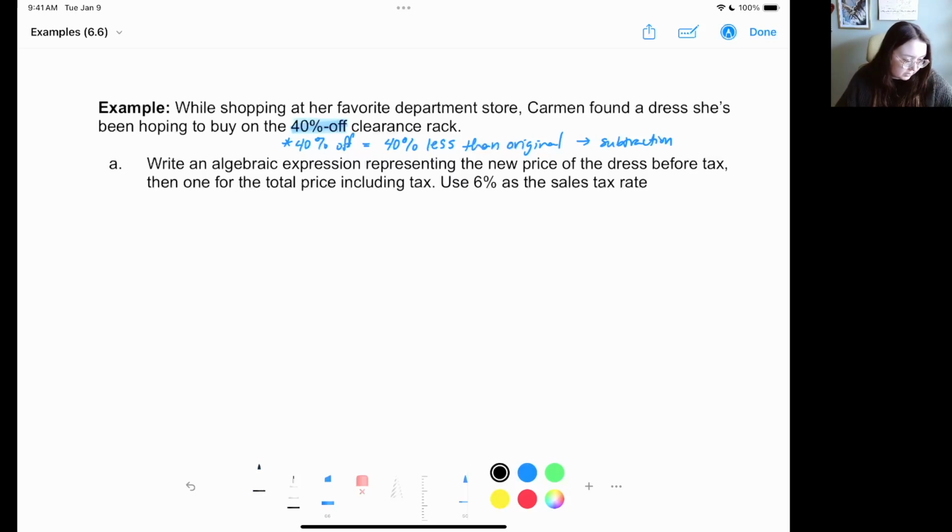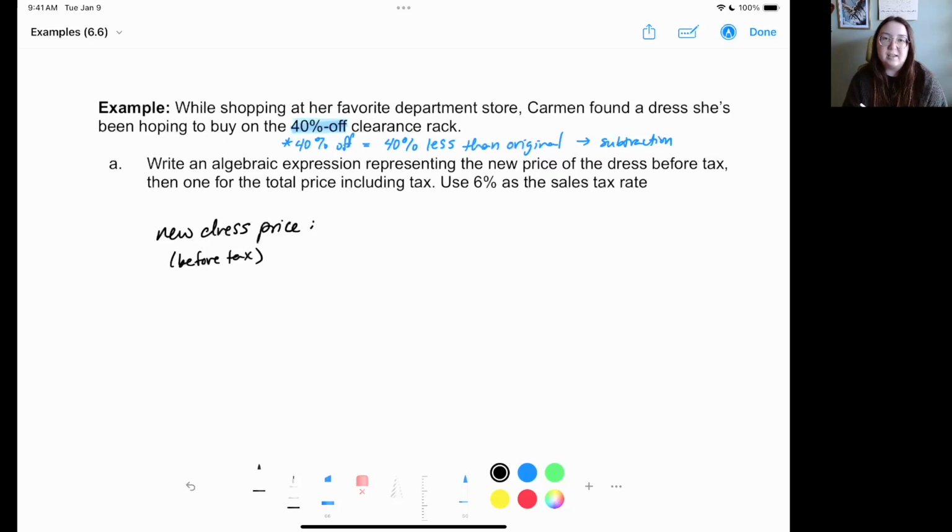So the first thing we're going to do is we're going to get the new dress price. And this is going to be before the tax. So the new dress price, so we're having 40% off, 40% less than the original. So whenever we work with math, whenever we have percentages, which we do talk about very often, percentage gets turned into decimal. So 40% is the same as 0.4 in decimal in that case. 40 is the percentage.